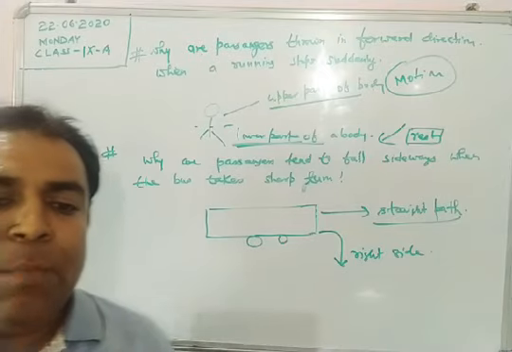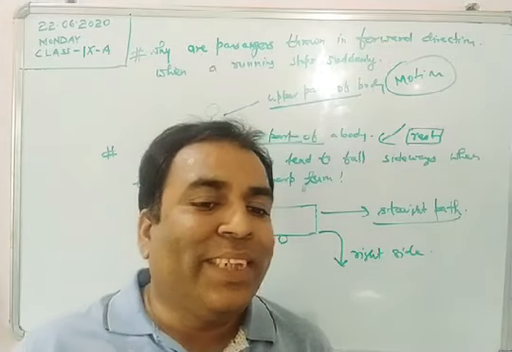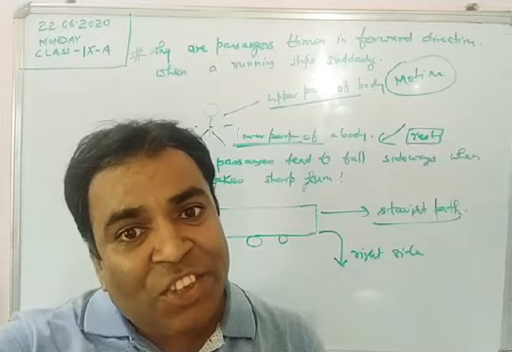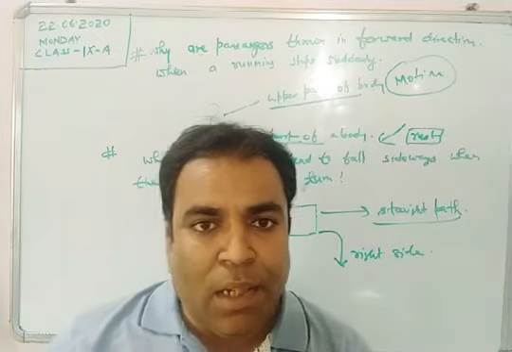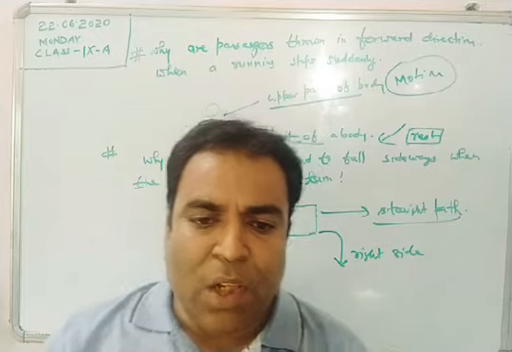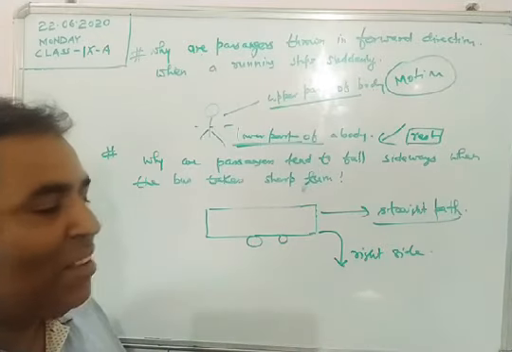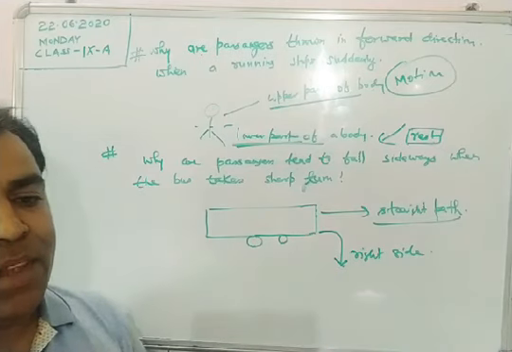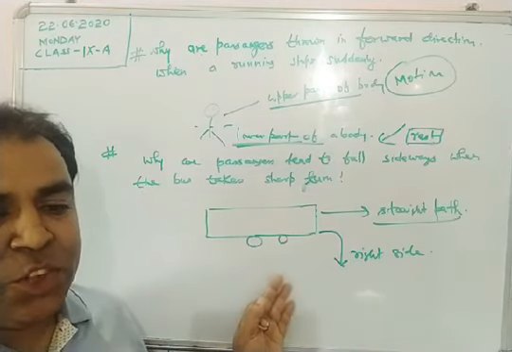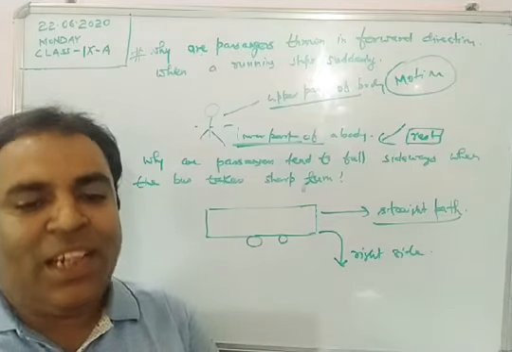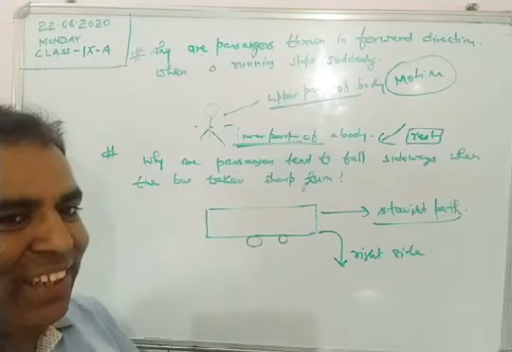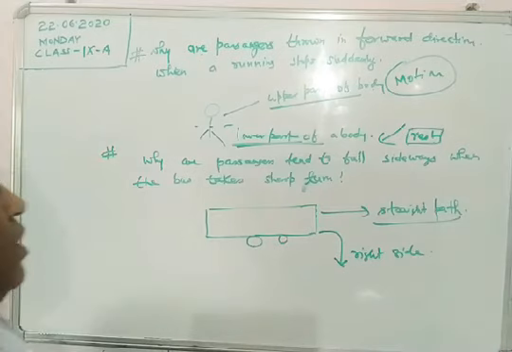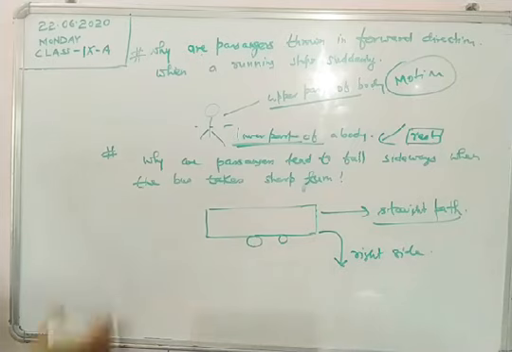Now again the upper body portion of the passenger still continues to move in the original straight path, while the lower portion tends to turn with the bus. As a result, passengers tend to fall or lean sideways. So these are the two aspects to see inertia.